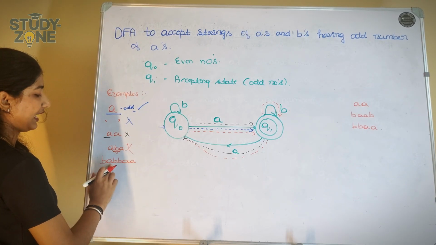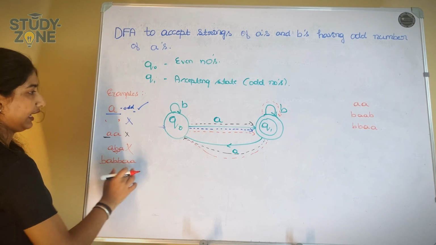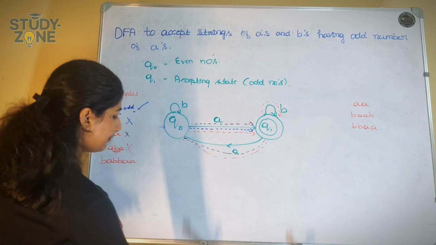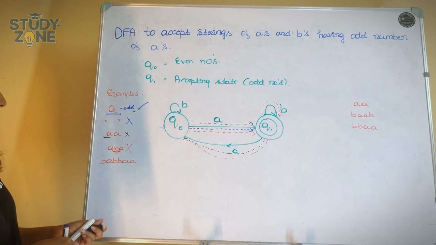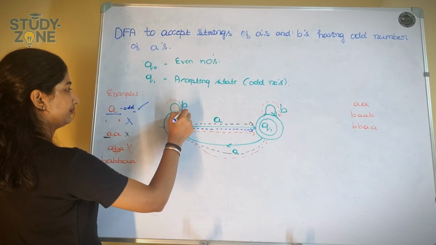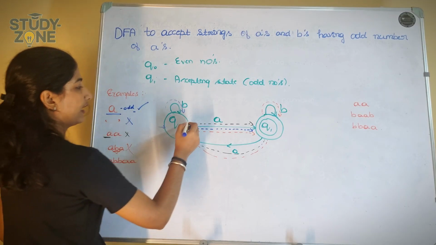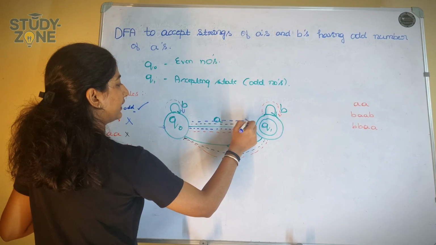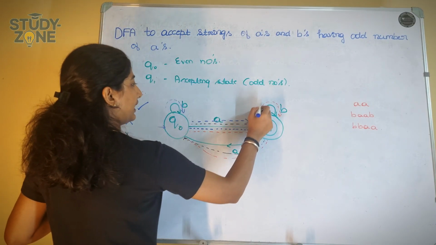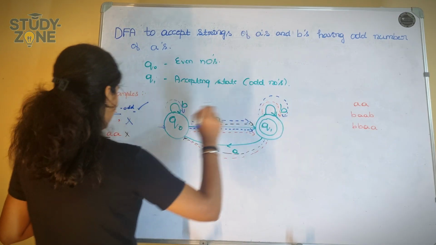Now we have B, A, B, B, A, A. Q0 on B, self loop. Q0 on A moves to Q1. And Q1 on B will stay in Q1 only.